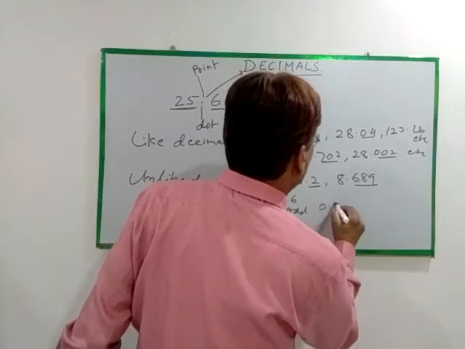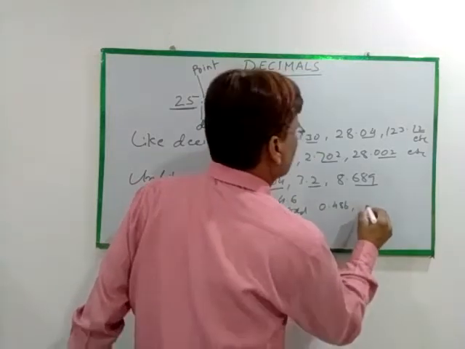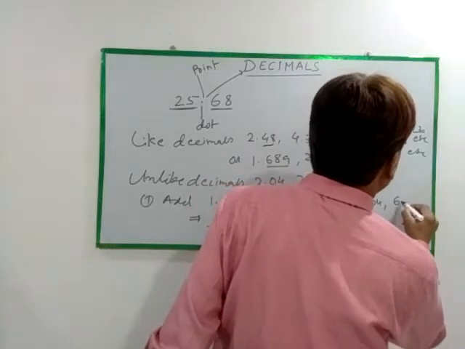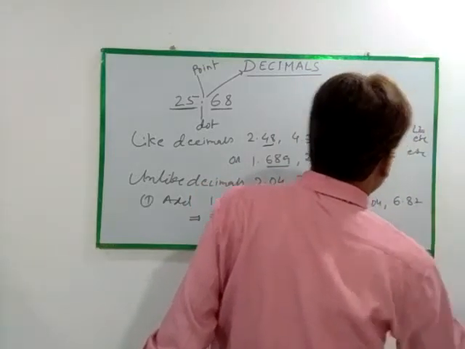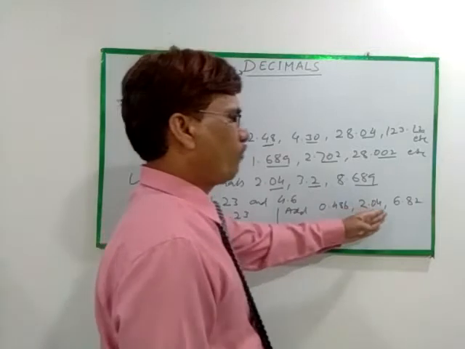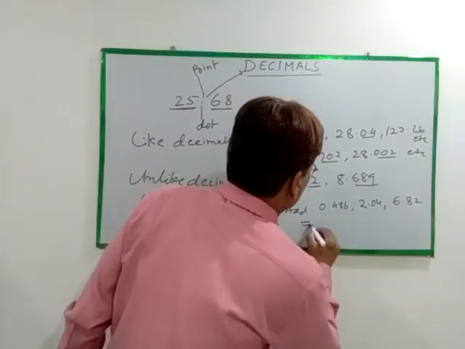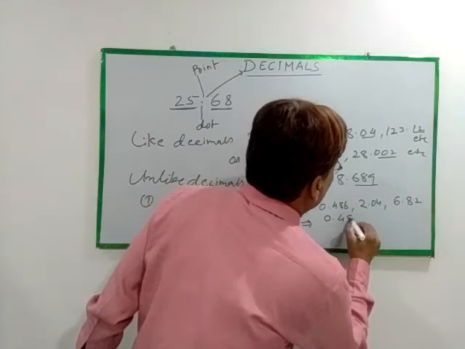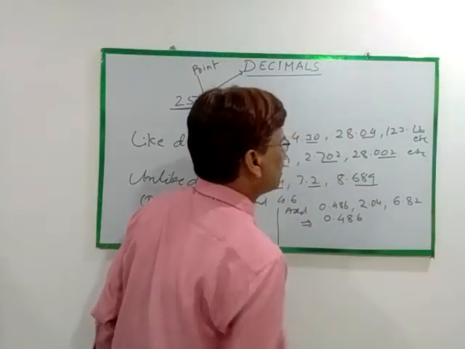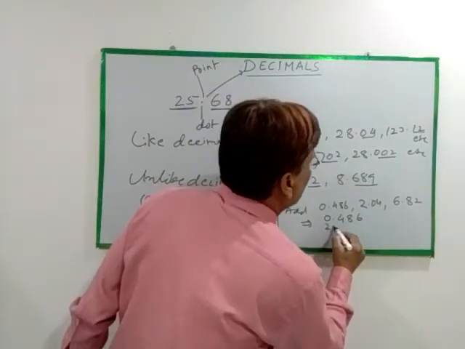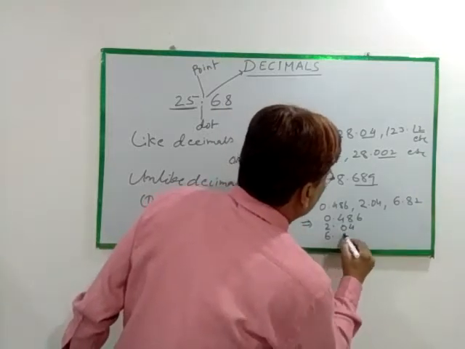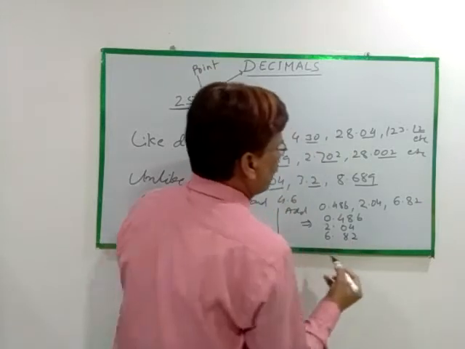Add 0.468, 2.04 and 6.82. First we have to write systematically 0.468, then 2.04, then 6.82.